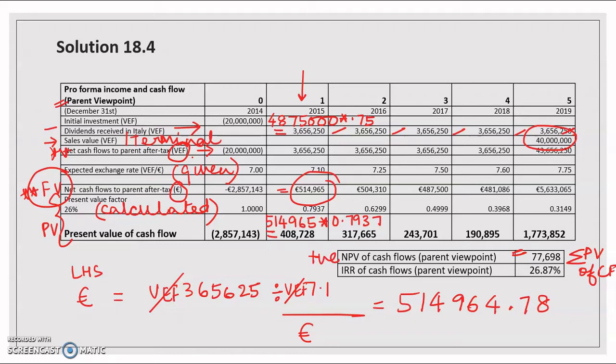In other words, the conclusion is it's worth taking up the project because both the project and the parent viewpoint is a positive value. Okay, so have a go at completing this, and I hope that you will be able to find the same answers and be able to make conclusive remarks after having calculated the numerical.